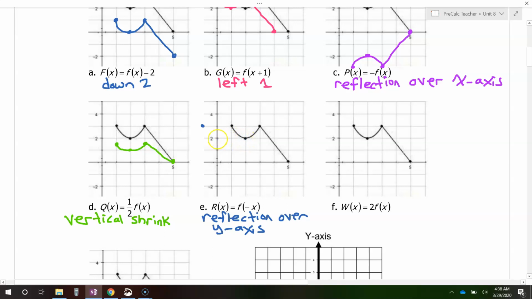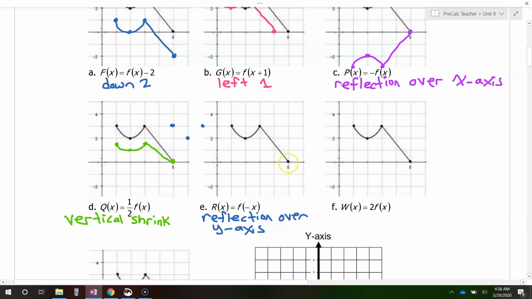This point is 2 units to the right, so I'm going to go 2 units to the left. And this point is 3 units to the right, so I'm going to have to go 3 units to the left. Now this is really going to mess up the graph.